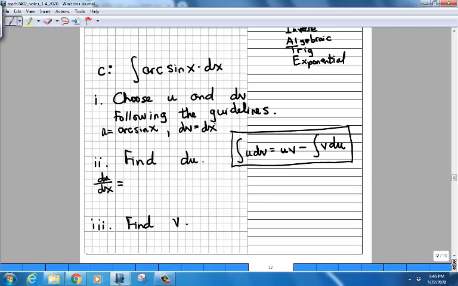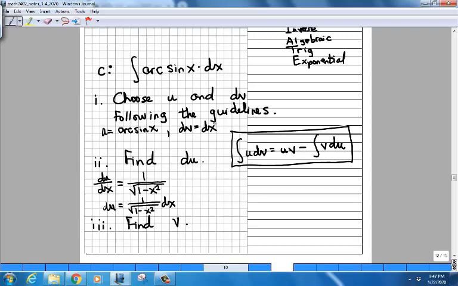The derivative of arc sine is going to be 1 over the square root of 1 minus x squared, which means that du is 1 over the square root of 1 minus x squared times dx. There's our first step. We have now found what du is.